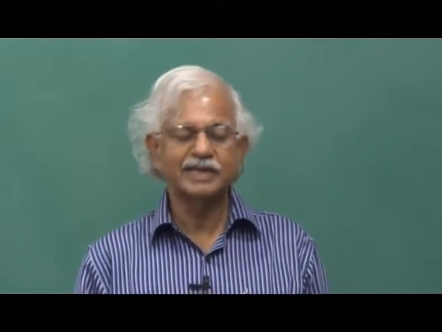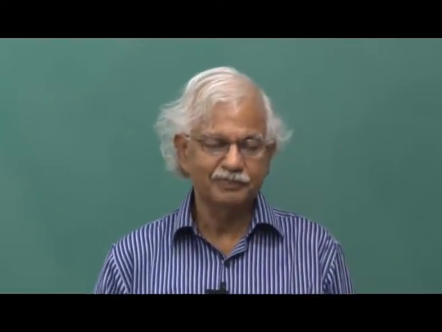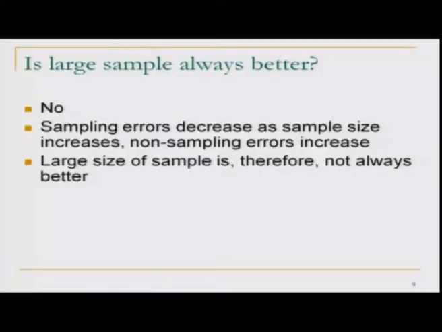Before proceeding further, let me also tell you that a large sample is not always better. Some people think that the larger the sample, the better the results. If that were true, then a census would always show better results than a sample, which is not the case. For many purposes, we do not depend on census data.